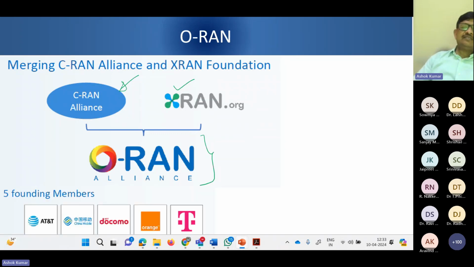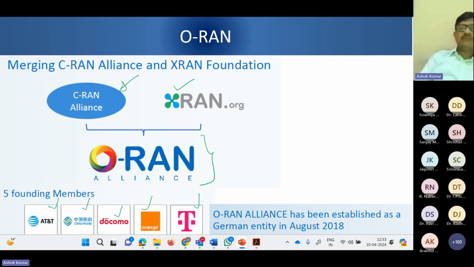With these mergers, there were 5 founding members initially: AT&T from US, then we have China Mobile, Docomo, Orange, and T-Mobile. So these were the founding members. In 2018, this was established.